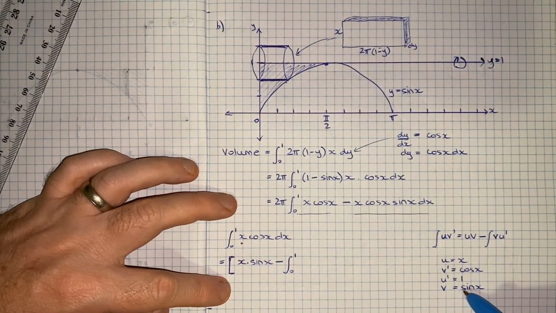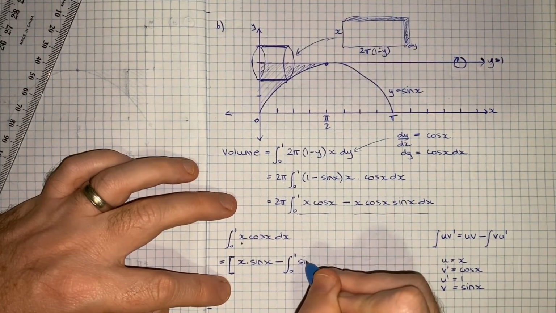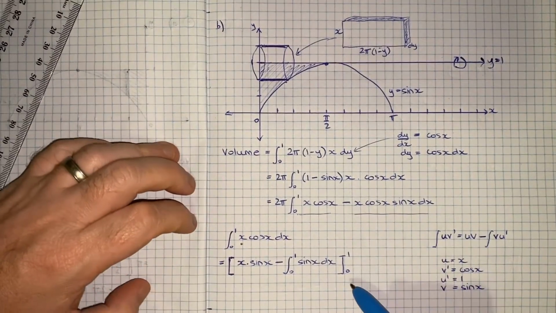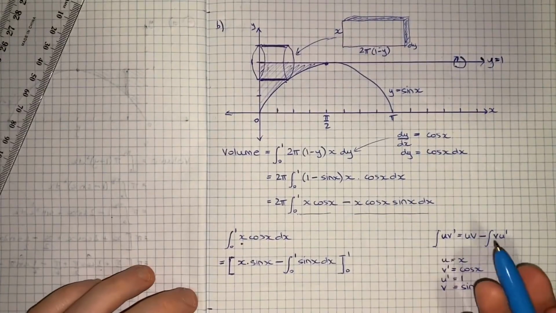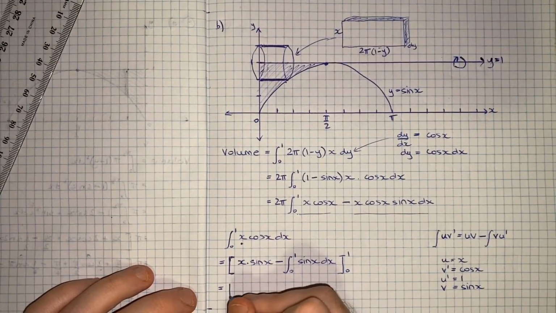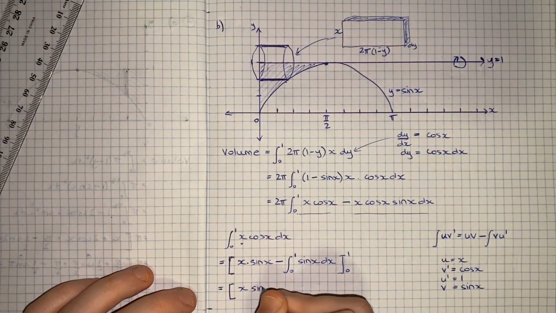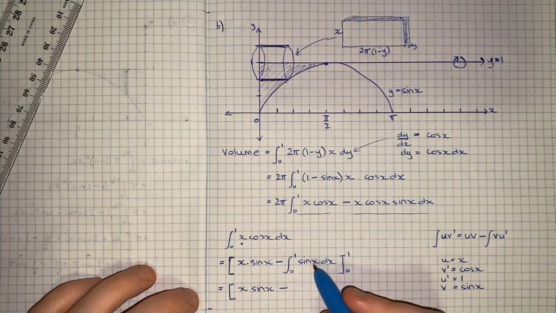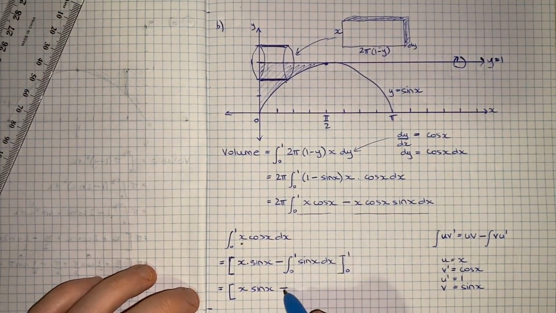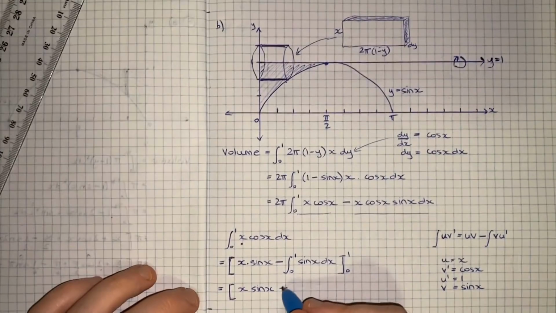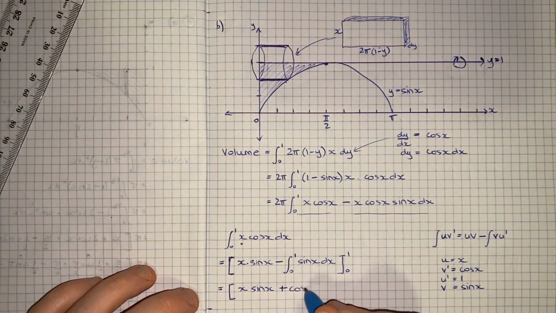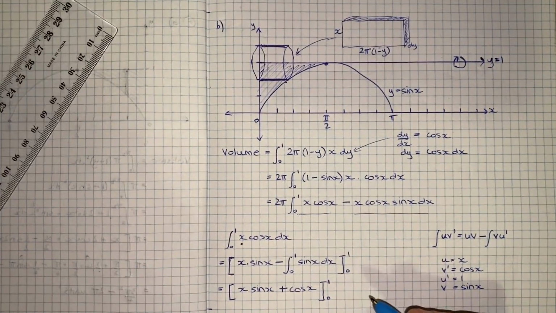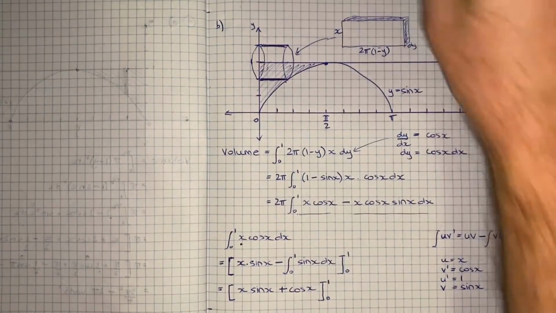So v is sine x times 1, so just sine x dx, and this is all between 0 and 1, and we see how the integral of sine x dx is easy enough. So this then becomes x sine x minus, and then the integral of sine x would be negative cos x, so this would become a plus cos x, and this is all between 0 and 1, and I'll just have to turn over to continue this.